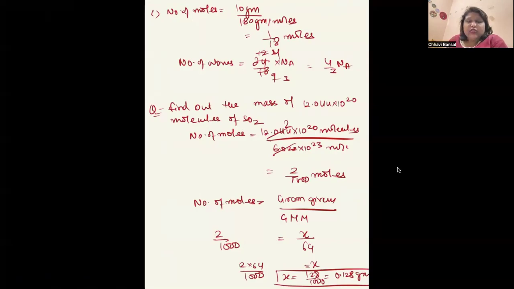Is it clear? Let's do one more question which has all the subparts that are possible for this given formula. Find out the number of, 49 gram of H2SO4 is given.